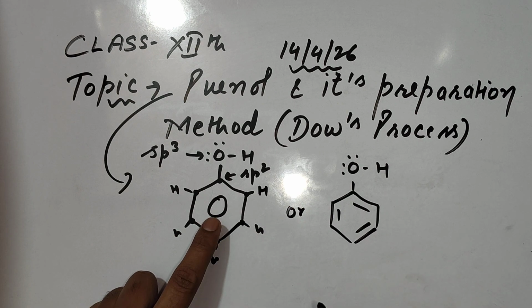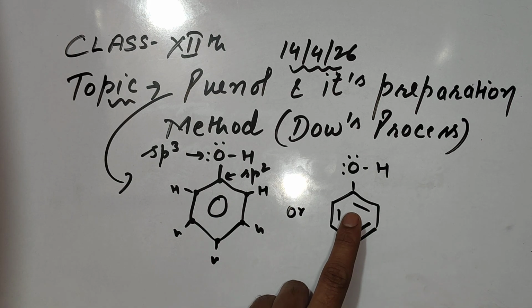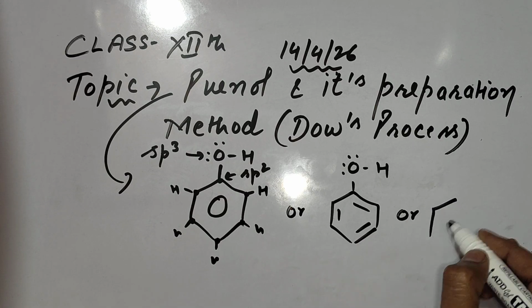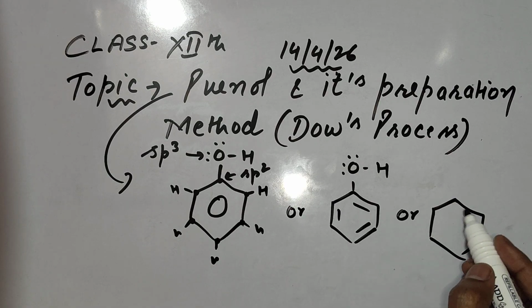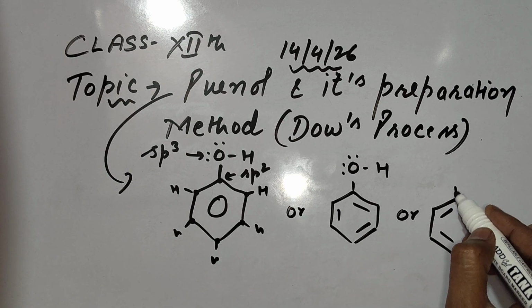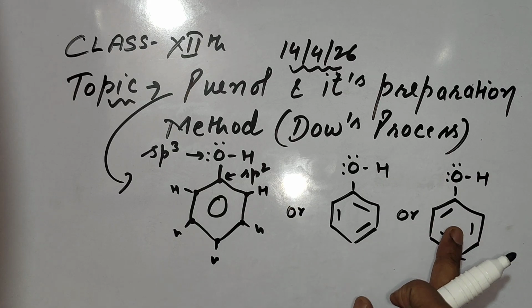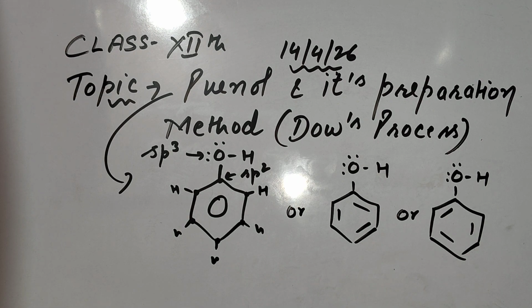So sometimes the benzene ring is written like this, sometimes like this. So don't get confused, it is the same formula. Or one more way is there: position can be changed, pi electrons are on that side, in this fashion also it can be written. It is a benzene ring, it is a benzene ring, it is also a benzene ring. So all three formulas can be used to represent phenol.